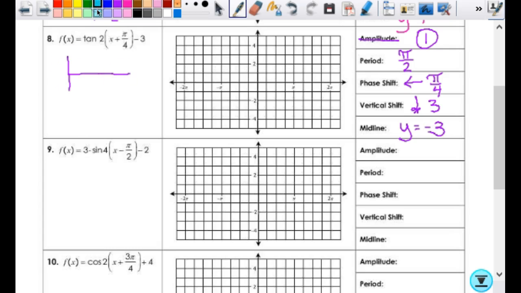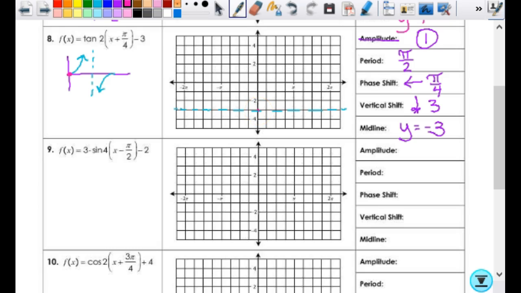So I draw in my midline, draw my parent function. For my parent function, I start at 0, 0. This is my new 0, 0.